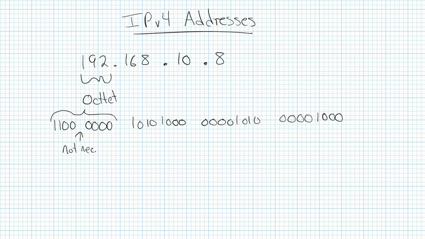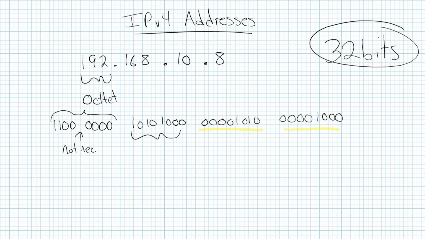So here we have the number 168, here we have the number 10, and here we have the number 8. So in these cases we have 32 bits, a very crucial number for IPv4 addresses, and we have it written in binary notation here, where we can actually see the binary digits of each of those bits. And we have it written here in what's called dotted decimal.